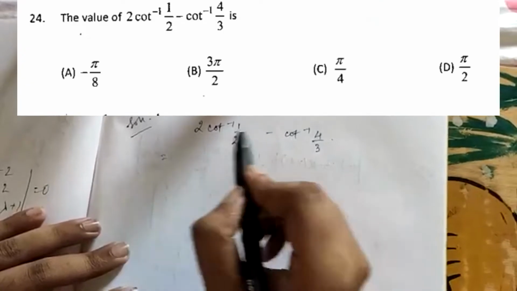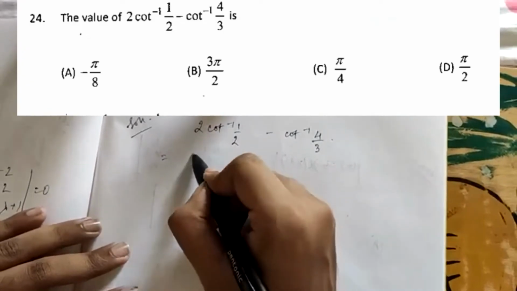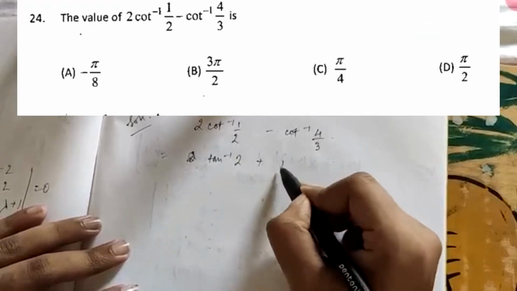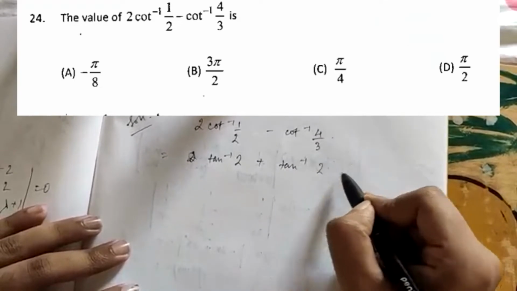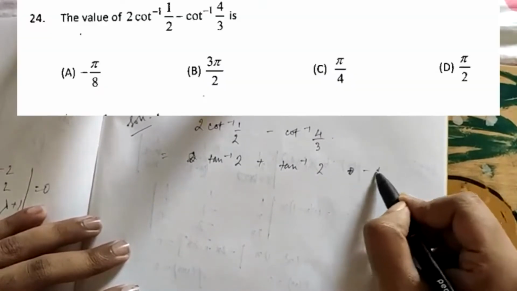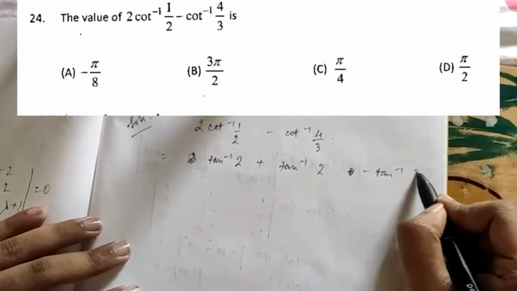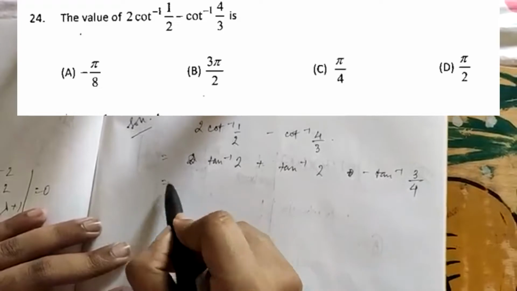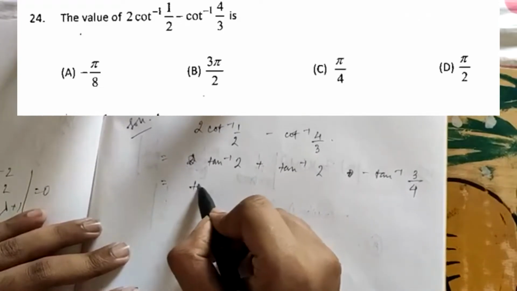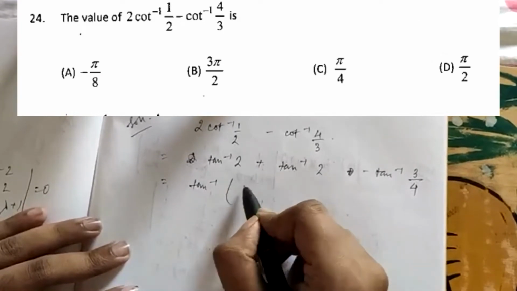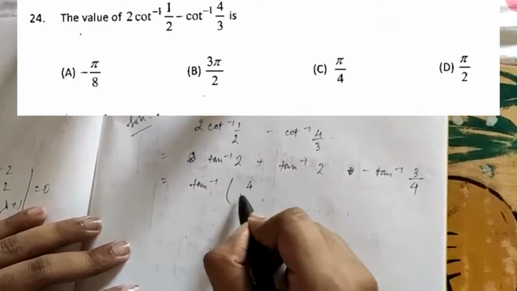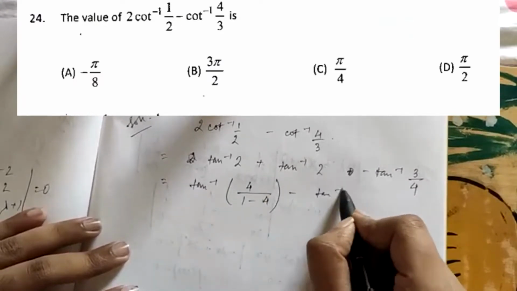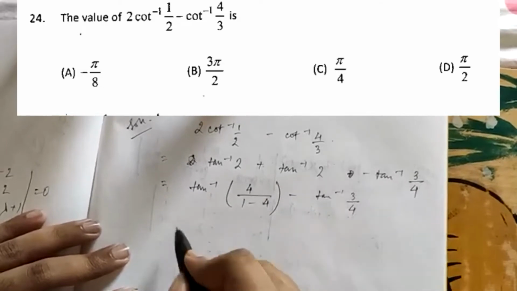Okay, so 2 cot inverse I am writing as tan inverse 2 plus tan inverse 2 minus tan inverse 3 by 4. Okay, so tan inverse 2 plus tan inverse 2, I can write it as tan inverse 2 into 2 plus 2, that is 4 by 1 minus 4, minus tan inverse 3 by 4.